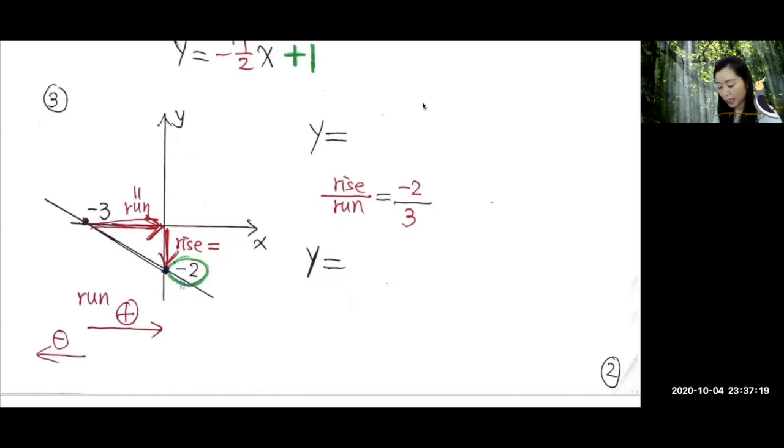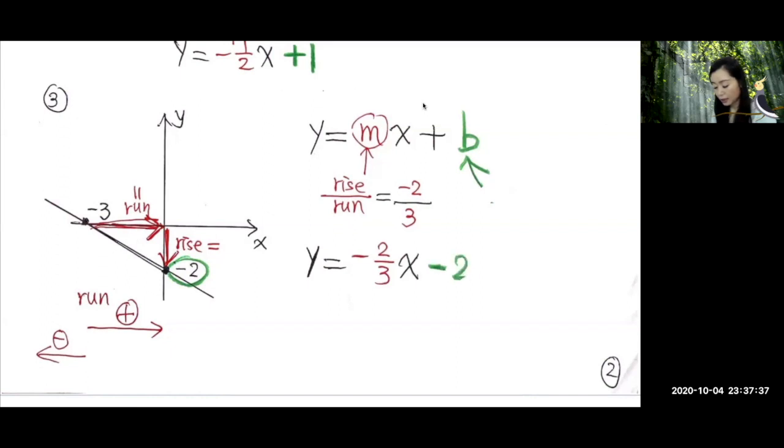It is -2. So y equal to mx plus b. y is equal to -2/3 times x plus the y-intercept, which is -2. When you add -2, that's the same as subtracting 2.